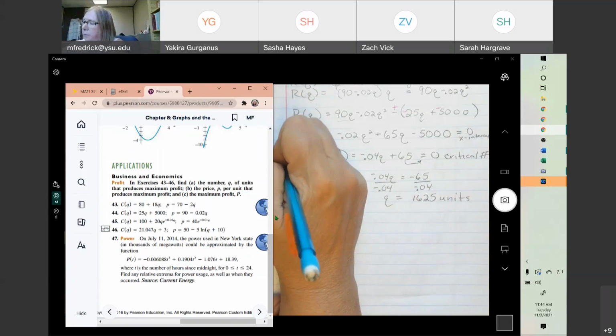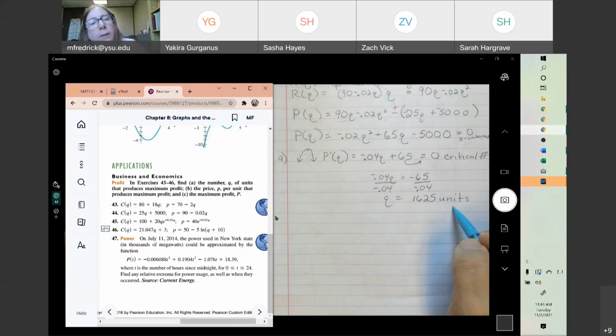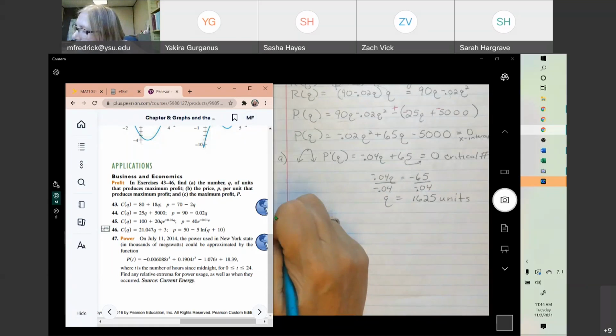Part A asked for the number of units that will give you the maximum profit. Part B wants the price that you will sell them for.